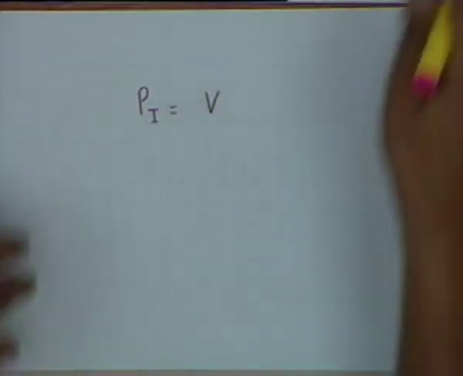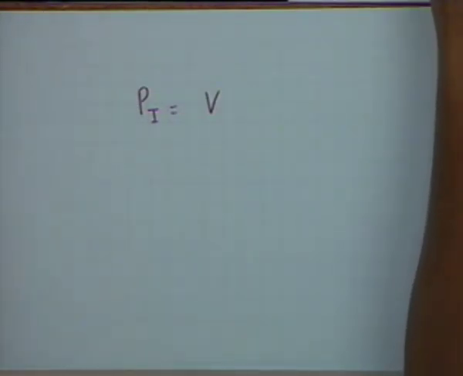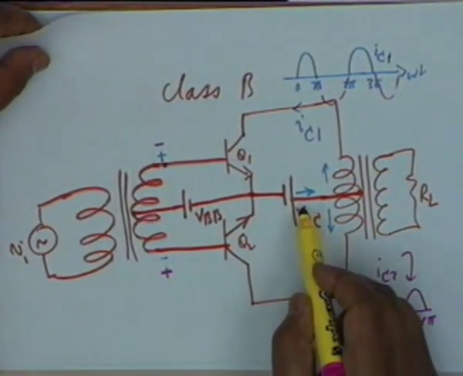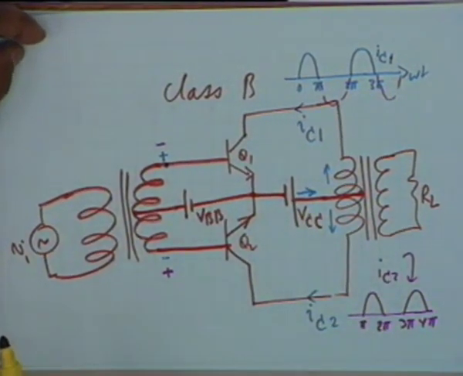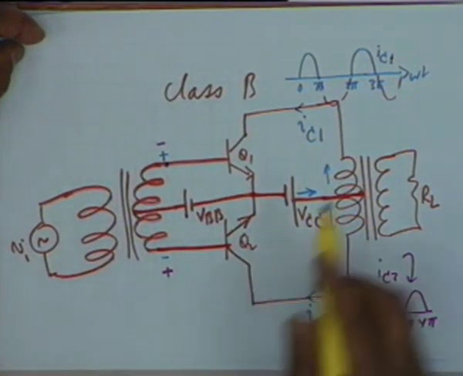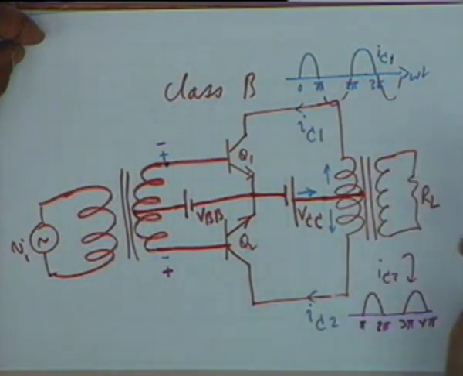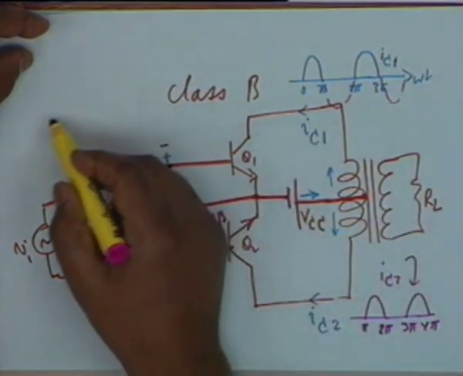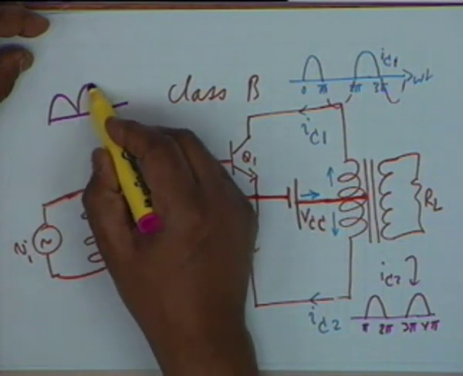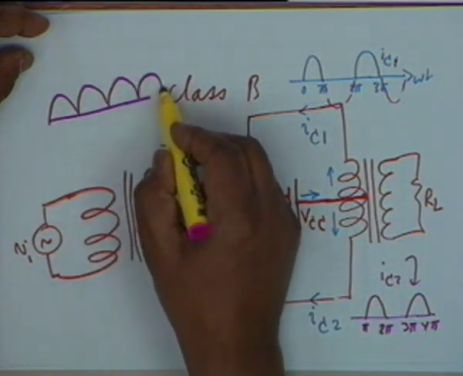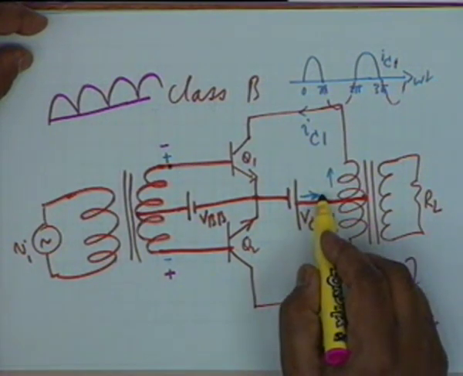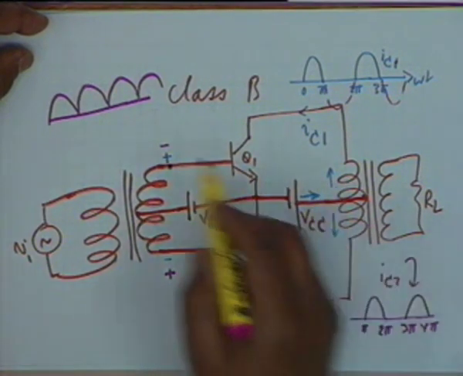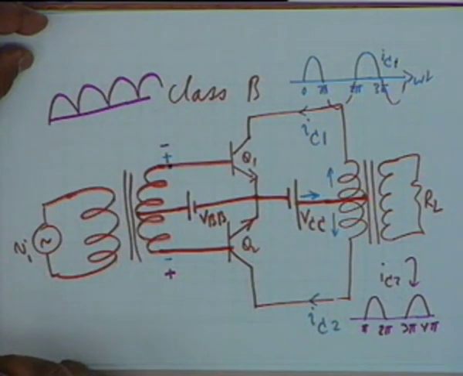Input power obviously is VCC times the current. Let us look at this once more. What does the battery give out? IC1 plus IC2. Now, IC1 plus IC2 obviously is the full rectified sine, isn't that right? And what is the DC that is drawn from the battery? The average value of this.